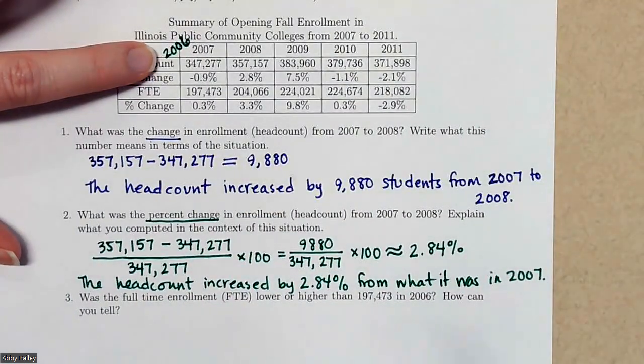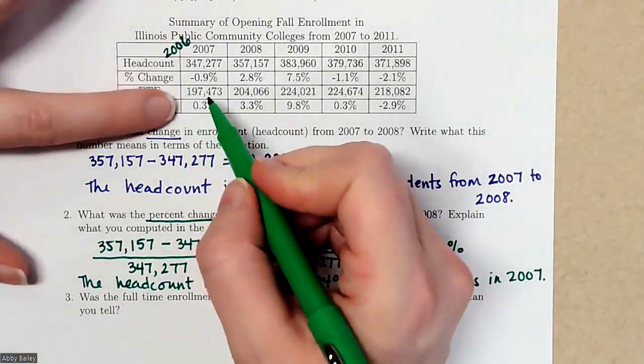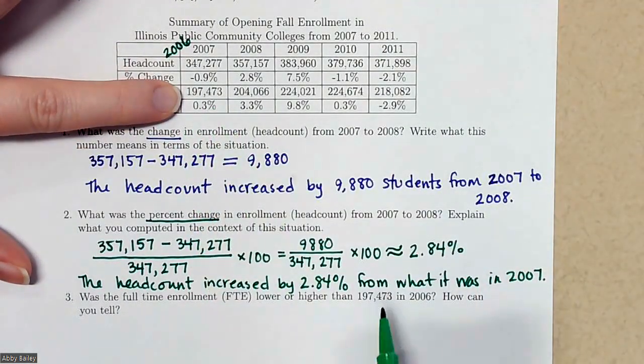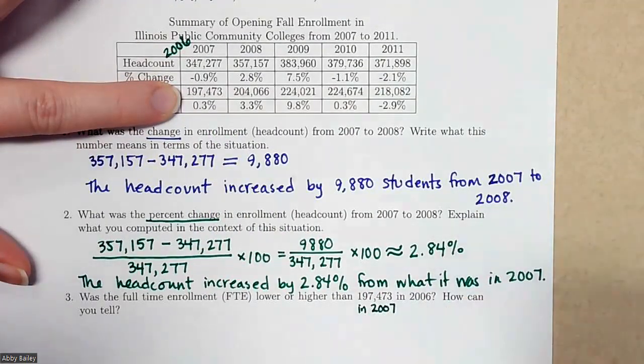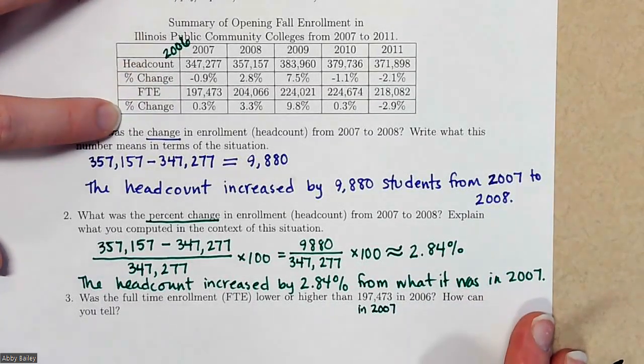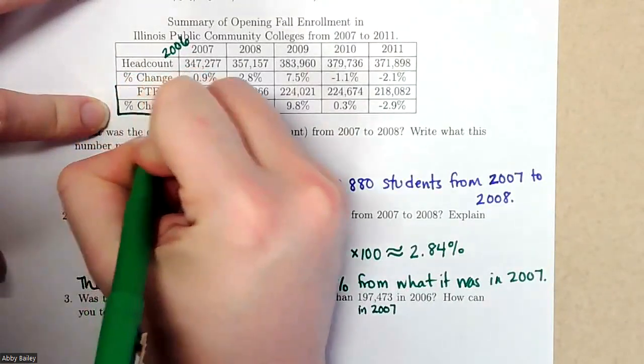So we must have some way to think about it. Let's see. Well, we're looking at full time. And here's that number. So this is the 2007 amount. So let's see. We do have a percent change in full time.